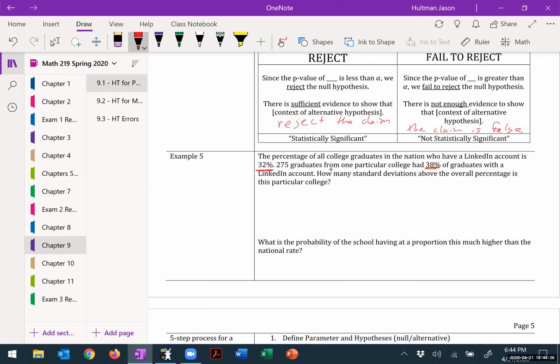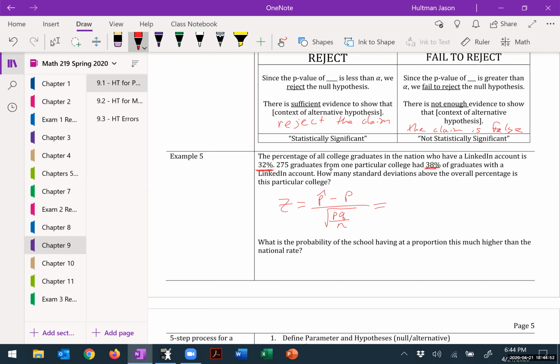How many standard deviations above the overall percentage is this particular college? So do they follow the national average? That's a z-score. I want p hat minus p all over the square root of pq over n. We're going to calculate a z-score here.